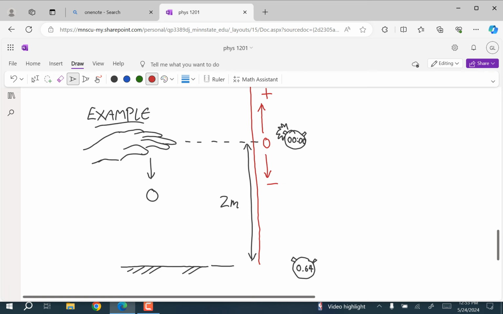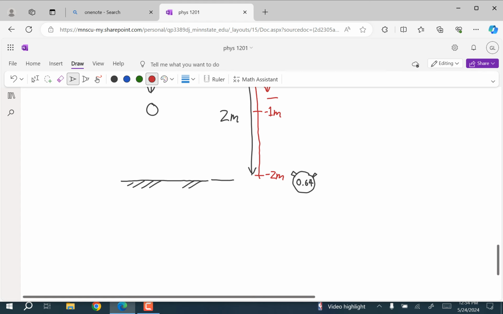If you start at 0 and go 2 meters in the negative direction, your position just has to be negative 2 meters. You could imagine that if we put all the hash marks on this number line, this would be negative 1 meter. This is negative 2 meters. Positive 1 meter would be up above the hand.